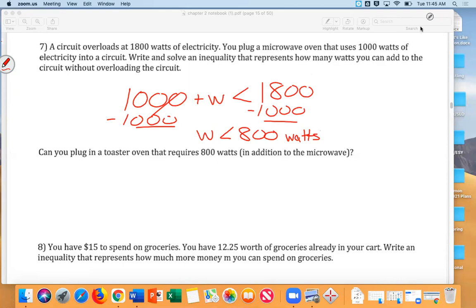Well, let's look at it. It says we have just under 800 watts left, and I have a toaster oven that's exactly 800 watts. If I plug that in, will I keep tripping the circuit? Yes, I will. So I cannot plug it in, because once I do, I hit the 1,800 watts, and that's when the circuit breaker trips.